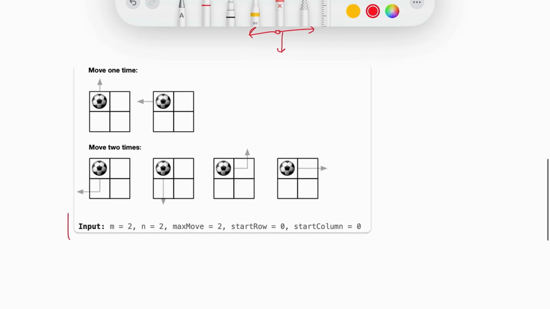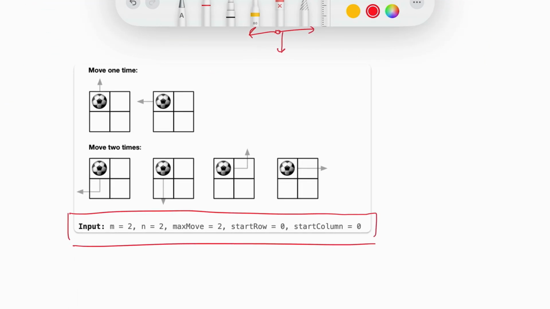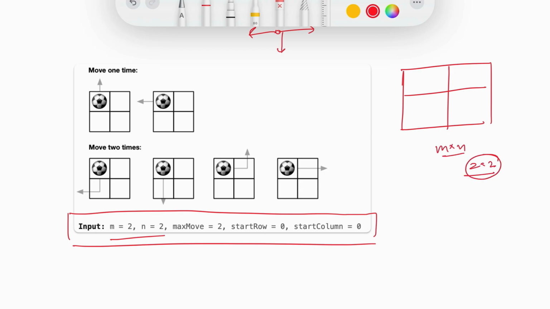Now let's try to understand it using this example. M cross n is the size of the grid, that is, a 2 cross 2 grid, 2 columns and 2 rows. This is the max move variable. It means that the ball will move this number of times only.